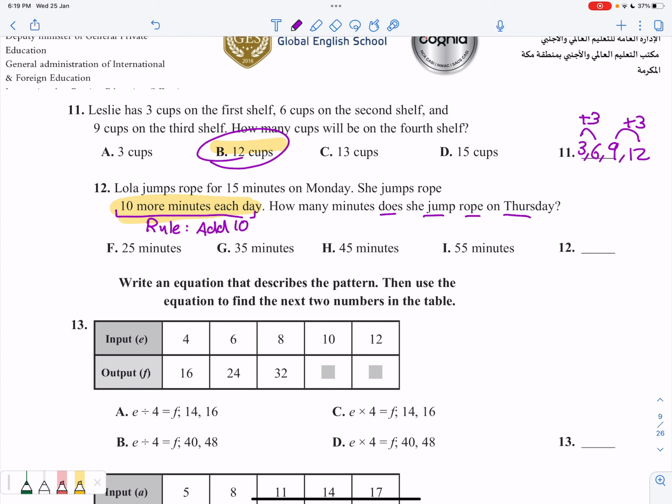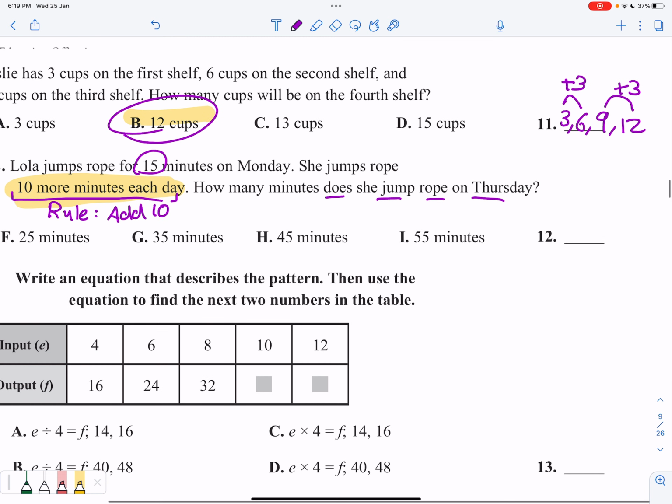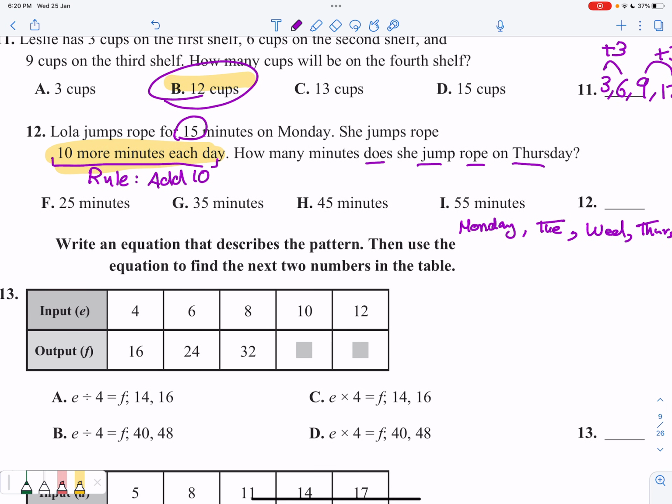So first, this is on Monday. Let's see the pattern. First, let's write the days. We have Monday, then Tuesday, then Wednesday, then Thursday. You see the days? On Monday, she jumped for 15.